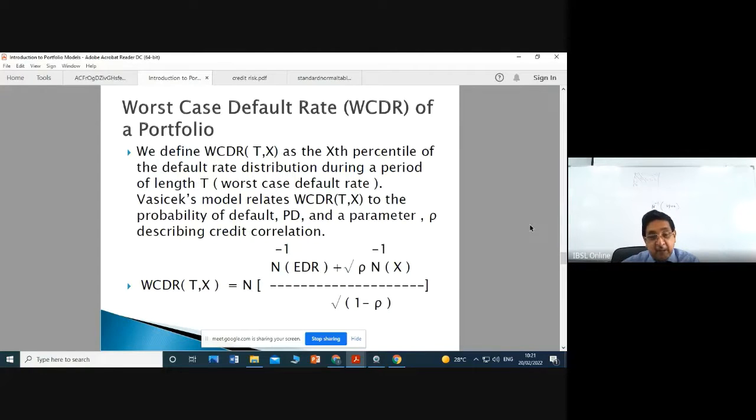The worst case is defined as a situation where the correlation among all the loans will become the same, and the figure is considered as rho for each and every correlation. Though we have 100 loans, 1000 loans, whatever, all these correlation terms will become the same in a worst case scenario. That is the assumption. So that is why we call it the worst case default rate of a portfolio.